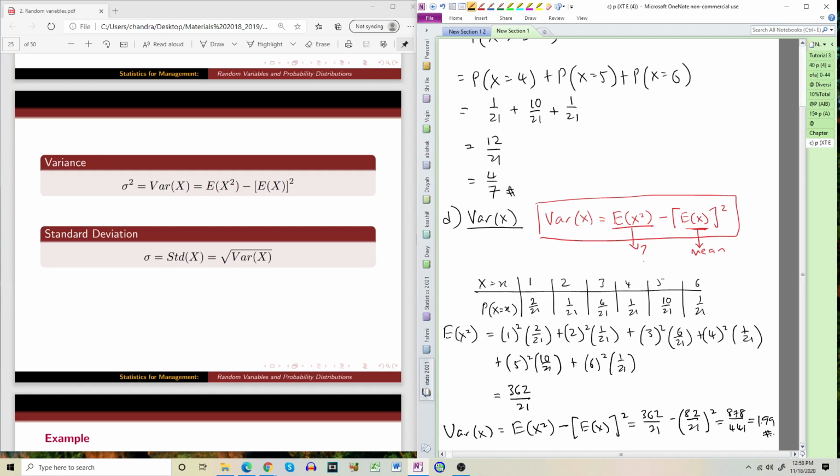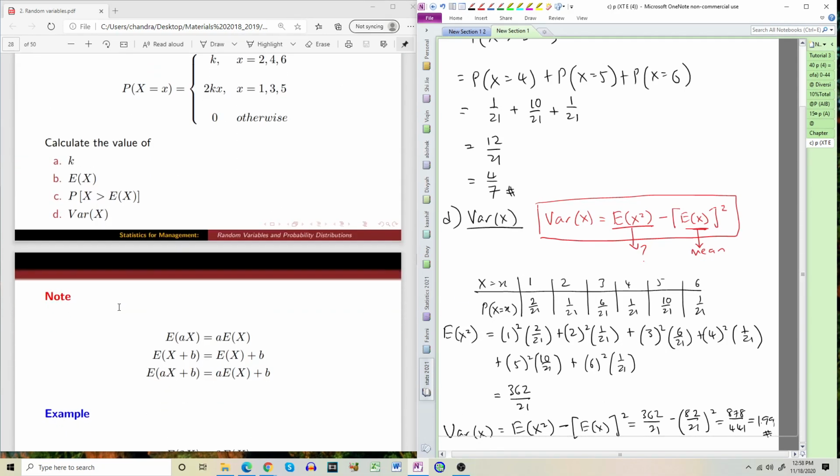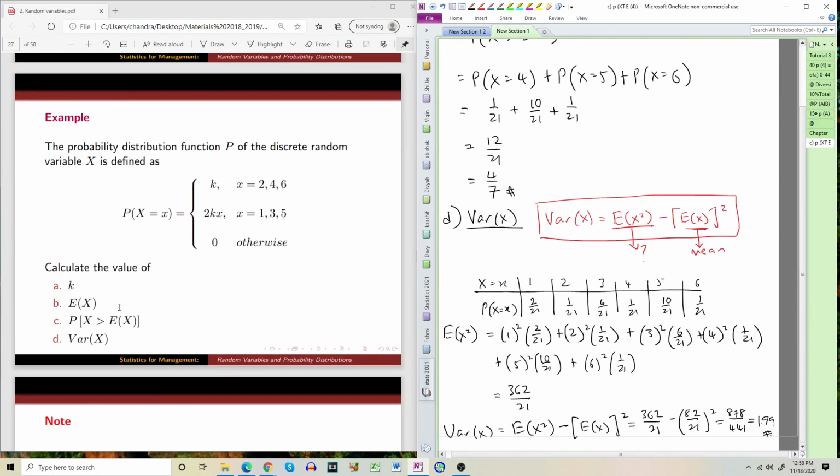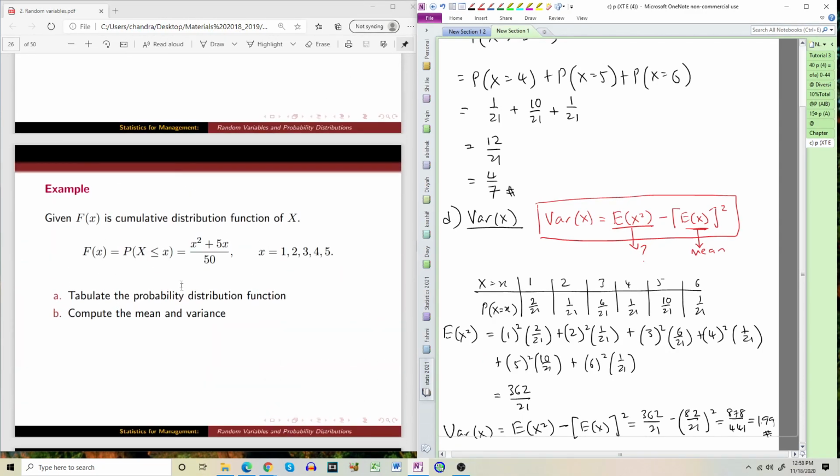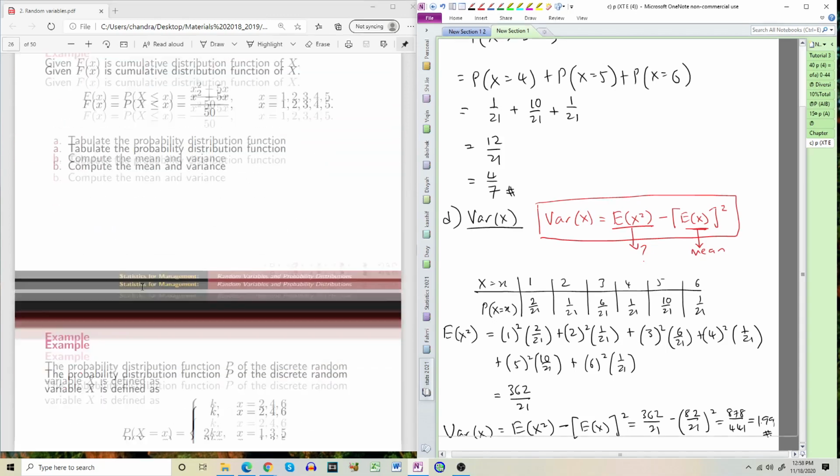So we have done example 2. Example 1 I will do in the next class, because in example 1 there's something I need to highlight.